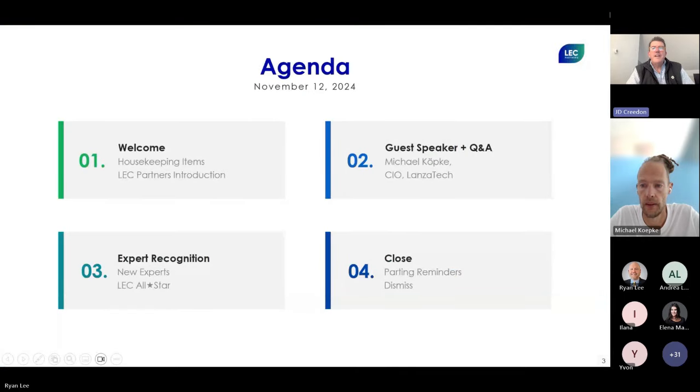Let's move to our agenda, which will look very familiar to our participants. We're going to kick off with some housekeeping items. For those not familiar with LEC, we'll do a one-page overview of the firm to give you a sense for what we do and where we do it. Then we're going to move into our speaker, Dr. Michael Köpke, who is a repeat.